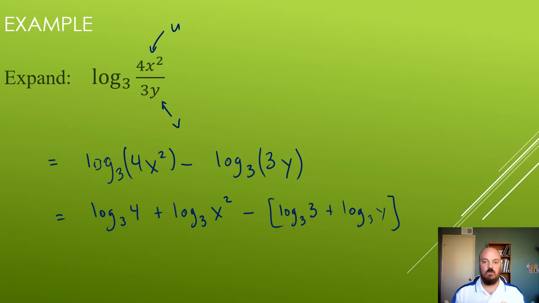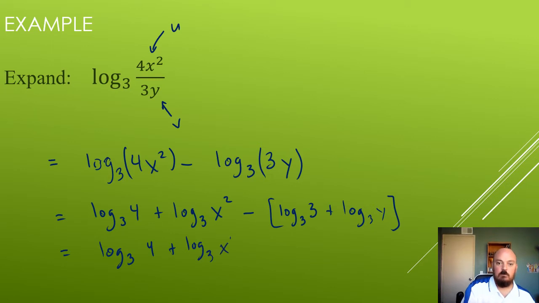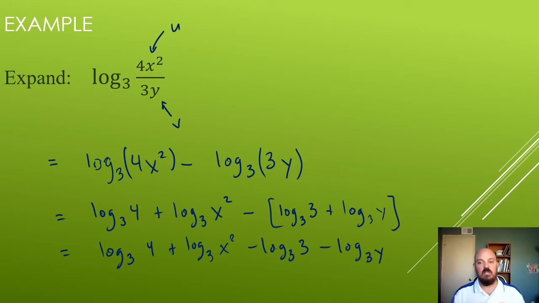Remember, we're subtracting the whole log base 3 of 3y. If I split it up, we're subtracting all of them. So what I really have here, I have minus log base 3 of 3 minus log base 3 of y. And see, you would have had a plus on that last one if you didn't think to put those brackets in there.